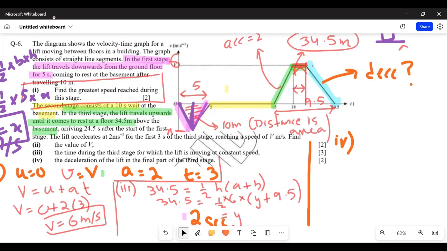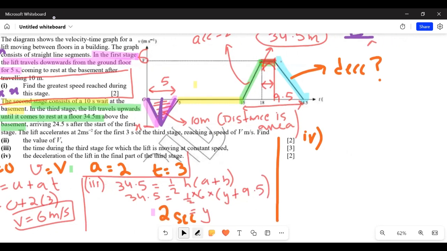You can use the gradient method, rise over run, or y2 minus y1 over x2 minus x1, or you can use one of the equations of motion as well. I would personally prefer gradient because that is what we were used to in O levels. So deceleration or acceleration is just the gradient, which is rise over run.